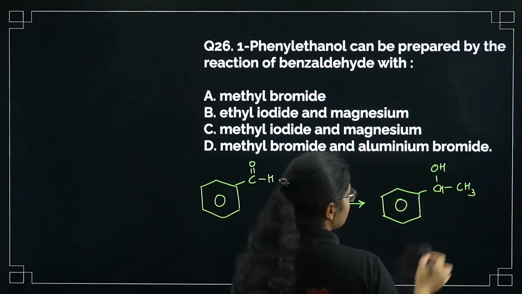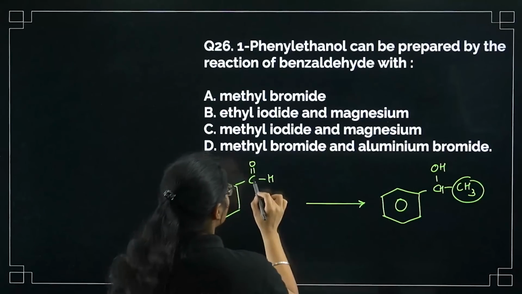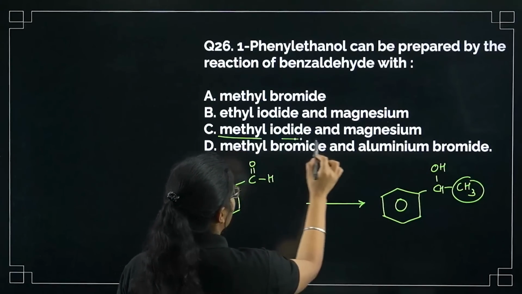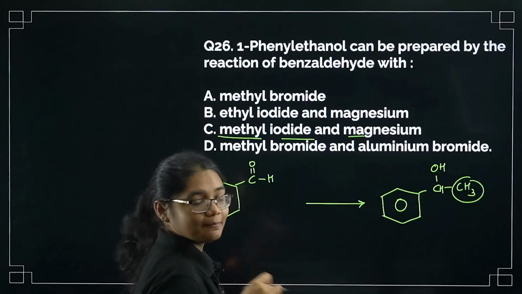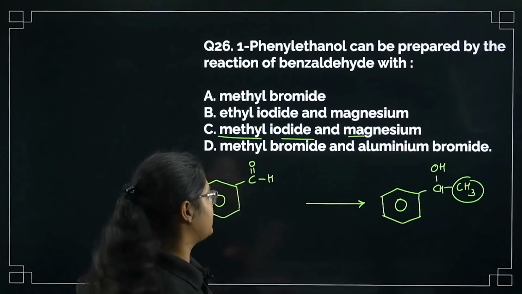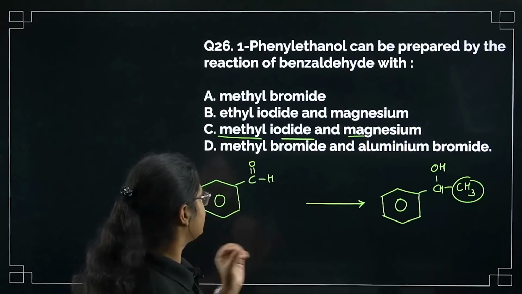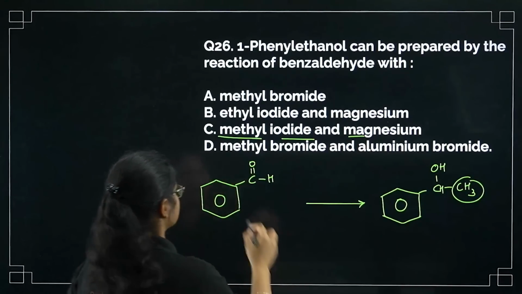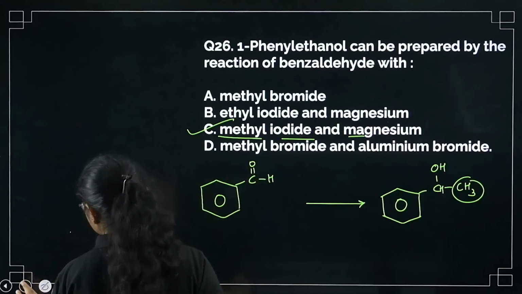Okay, so what you have to do is simply add a CH3 group here, right? So you can add methyl iodide and magnesium, so that will be methyl magnesium iodide, your Grignard reagent, then it can attack here, so option number C is the correct answer.